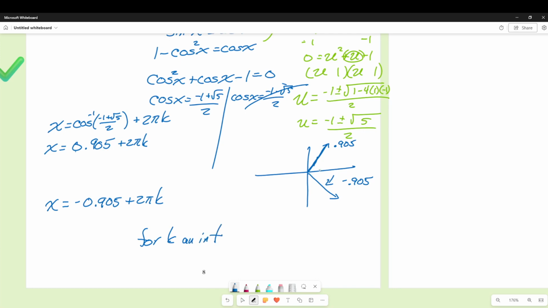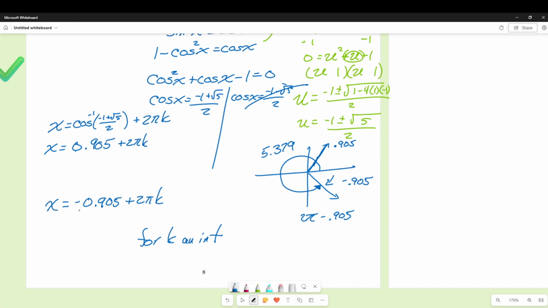Or if you wanted to, calculate the positively oriented angle, which a lot of people prefer to do, then take 2 pi and subtract that 0.905 to figure out what that big angle is. And it's about 5.379 if you perform that subtraction.